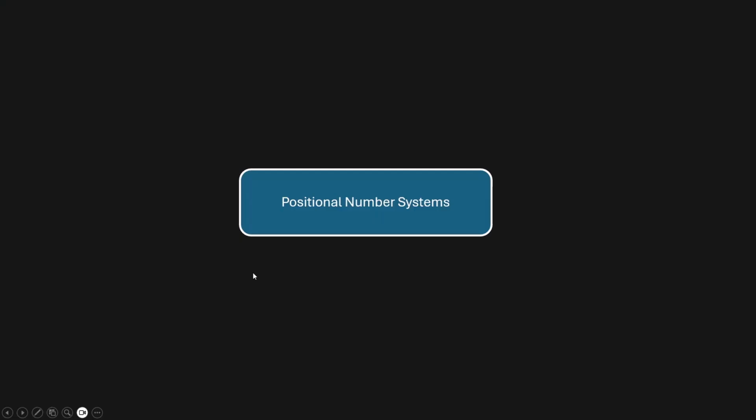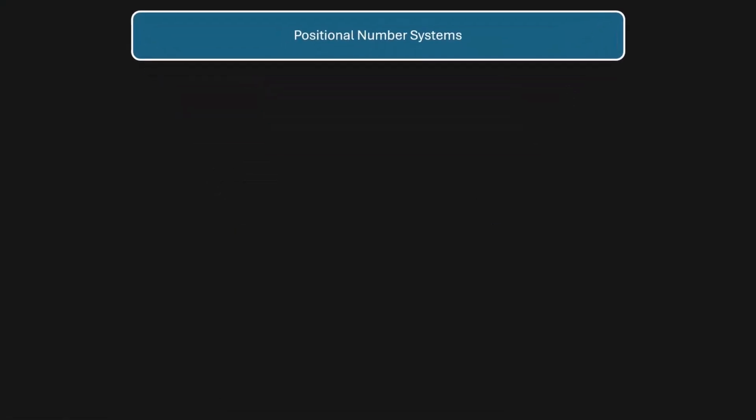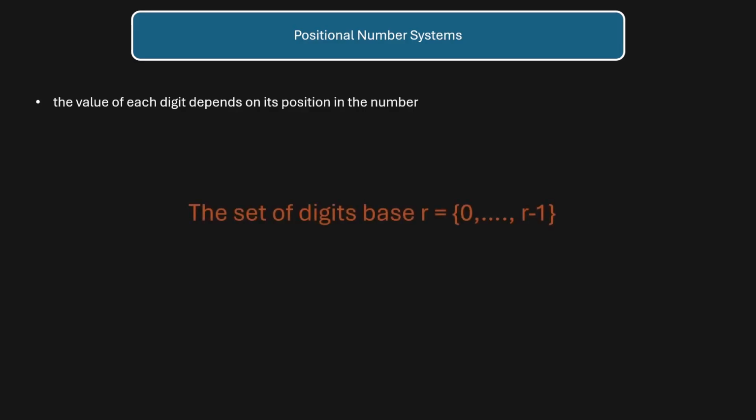But what about the positional number systems? In a positional number system, the value of each digit depends on its position in the number. The set of digits in a base R that you can choose from to construct a number in base R is from 0 to R minus 1.